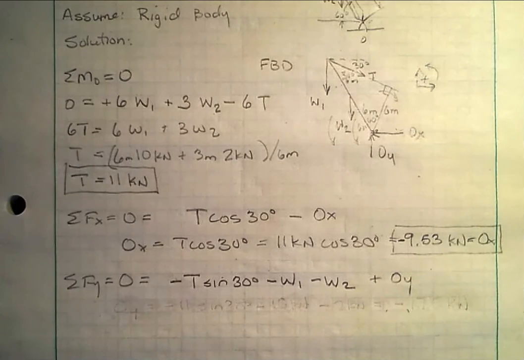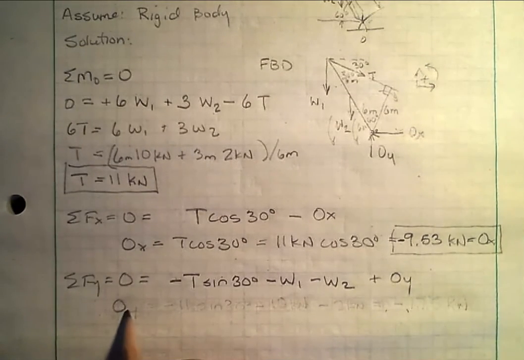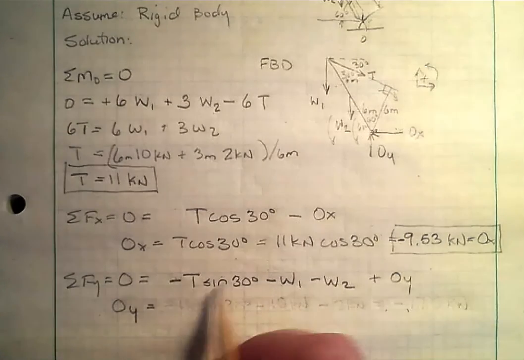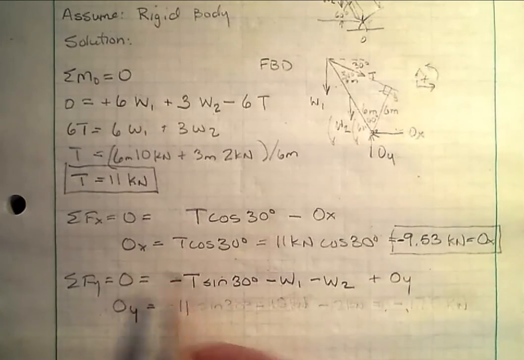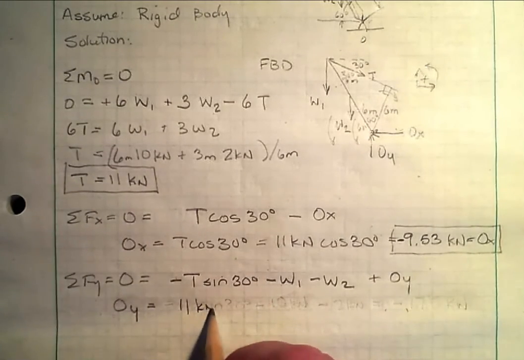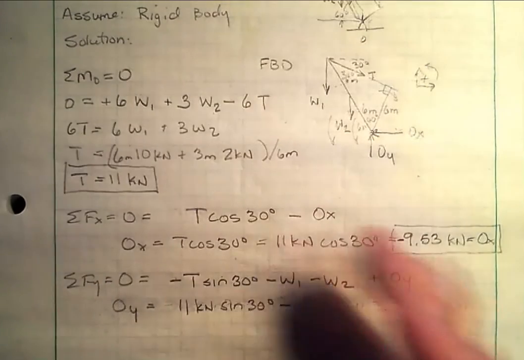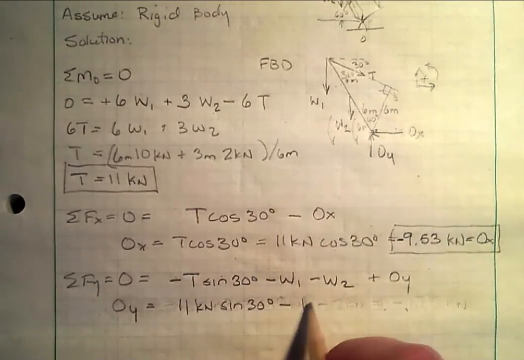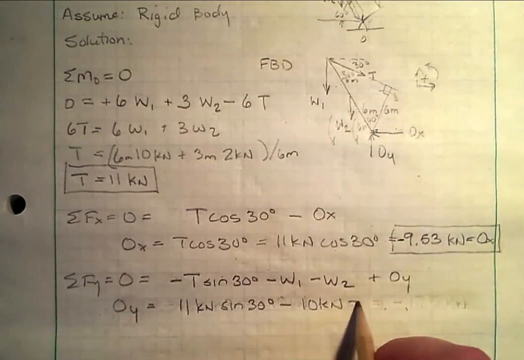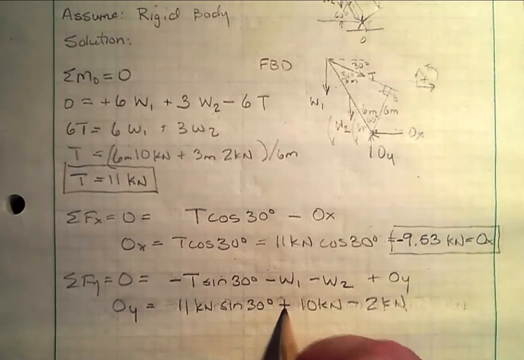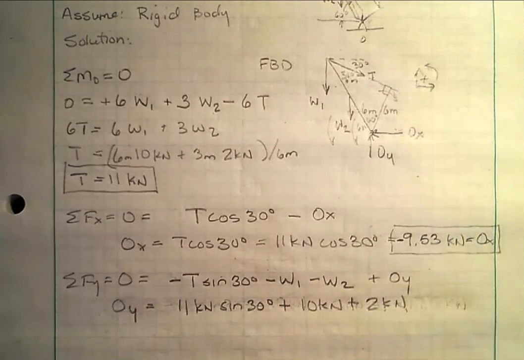So if we manipulate that around, we move all the other things to the other side. So we have O sub y on this side, right? And because we're moving these to the other side, all the negative signs go away. So we have T, which is our 11 kilonewtons times the sine of 30 degrees minus W1, which is again 10 kilonewtons and minus 2 kilonewtons. Oh, I'm sorry. Since we're moving to the other side, this would be plus 10 kilonewtons and plus 2 kilonewtons.